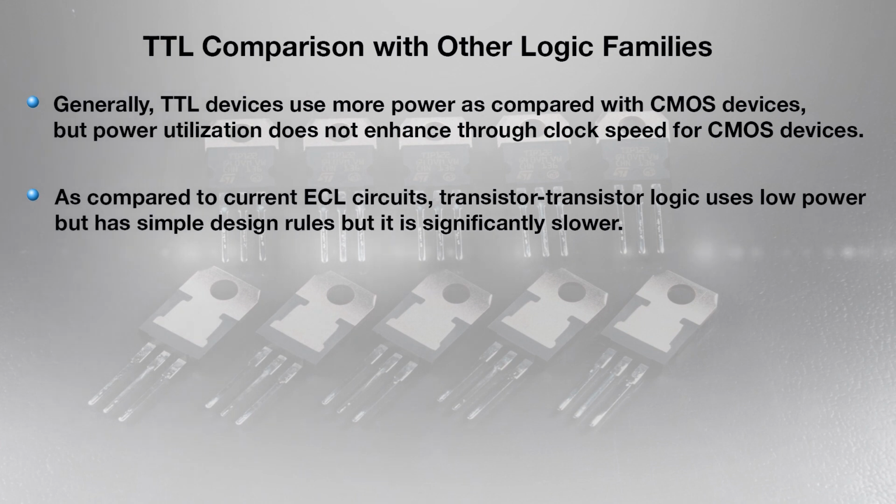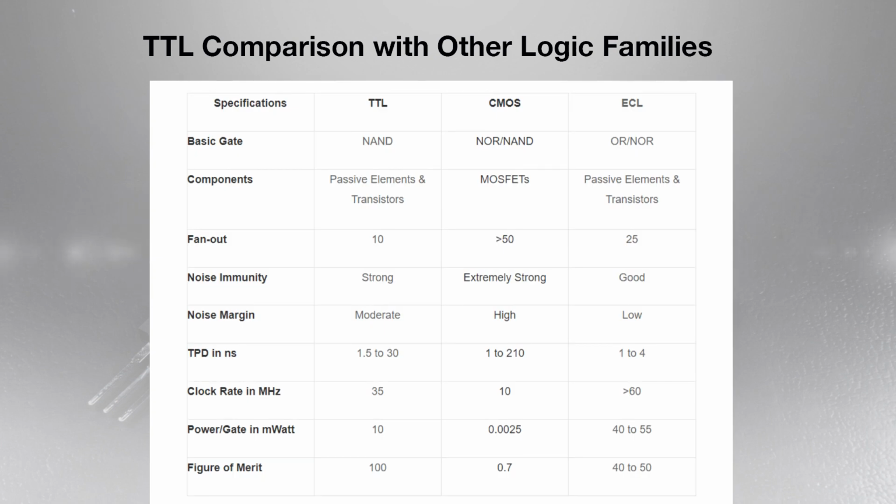Resistor transistor logic uses low power and has simple design rules, but it is significantly slower. The specification for the basic gate is: TTL has a NAND gate, CMOS has a NAND or NOR gate, and ECL has an OR gate.